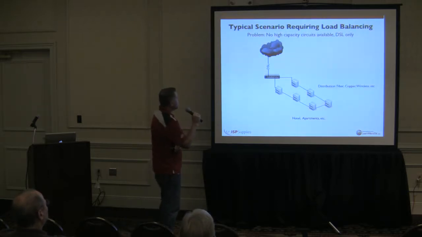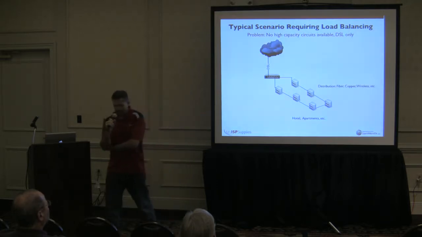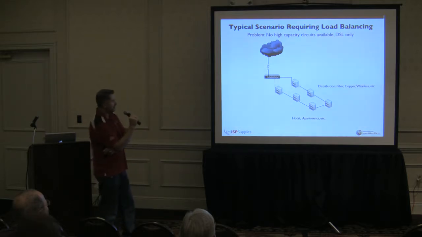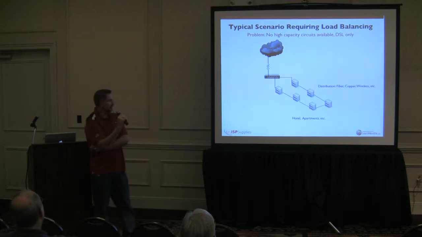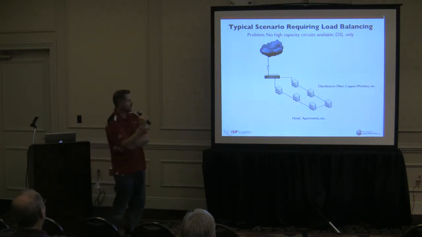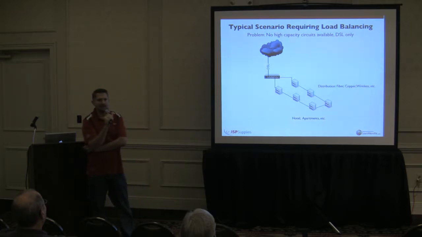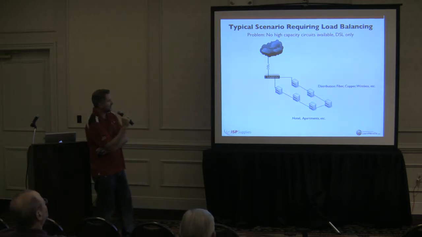So here's a scenario that a lot of us as providers find ourselves in. We have a customer that wants to deliver some kind of internet access to a property, whether it be a hotel or an apartment, but either due to the location in a rural area, there is either no availability of high-capacity circuits, or they simply have a budget that won't allow you to bring fiber into the location.